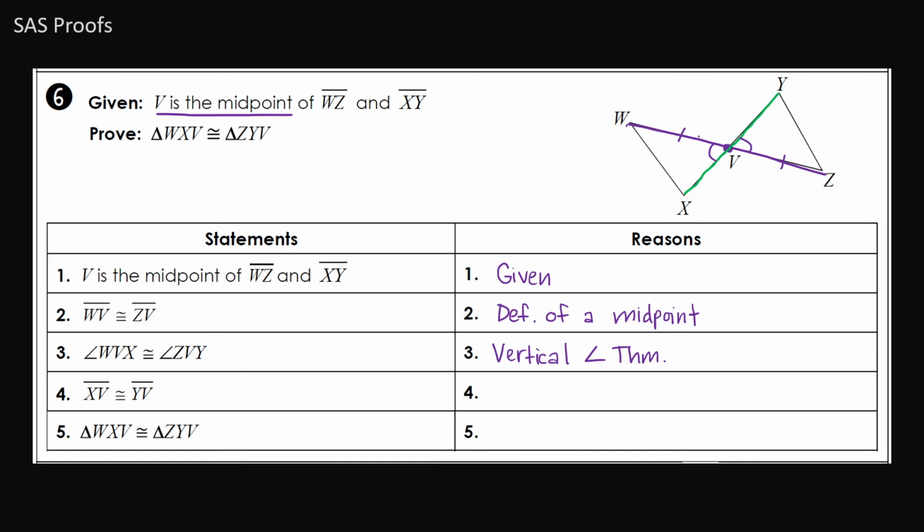Next statement. Well, we're still not done with this V is the midpoint business. So V is also the midpoint of XY. And because of that, it's cut that segment into two parts, two congruent parts. So XV is congruent to YV, and the reason is the same. It's just definition of a midpoint.